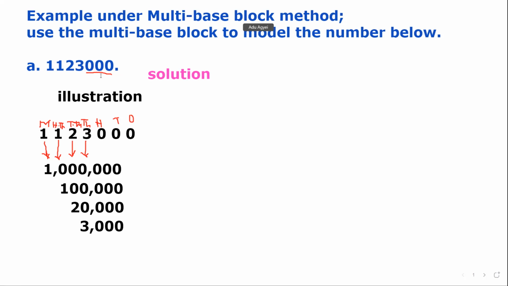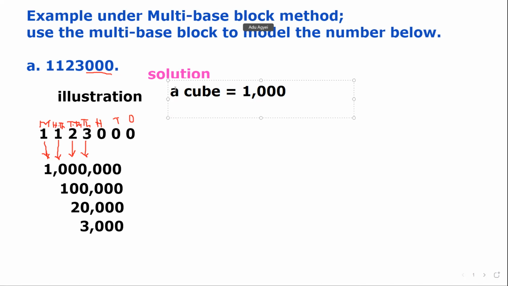Since the last 3 digits here are 0, per this number quantity, our first key will be equal to 1,000. We will use one key to represent 1,000.